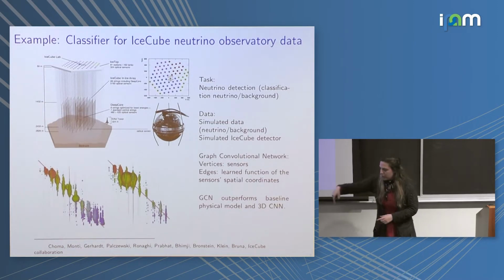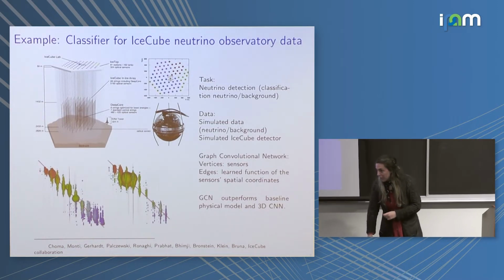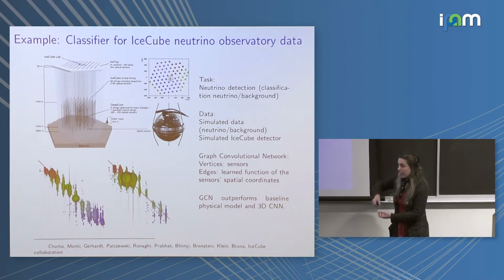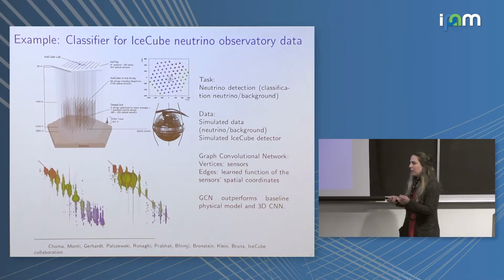They drill all these holes with hot water, and they put some sensors there. Neutrinos are particles that have no charge, but they can go through these walls, and apparently this ice is very, very clear, so these neutrinos can travel like 100 meters below the surface, and they can hit these sensors.